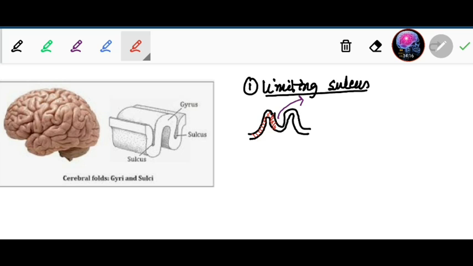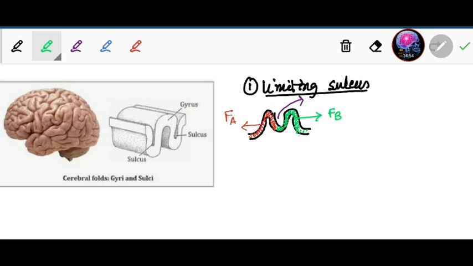Suppose this is one particular functional area on one side of the sulcus marked by red. It is functional area A, and on the other side of the sulcus there is another functional area marked by green, functional area B. So functional area A is separated from functional area B by the limiting sulcus.